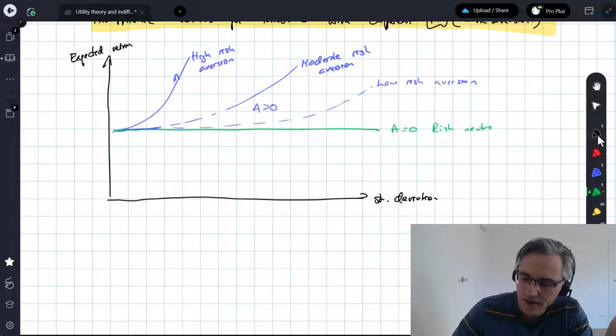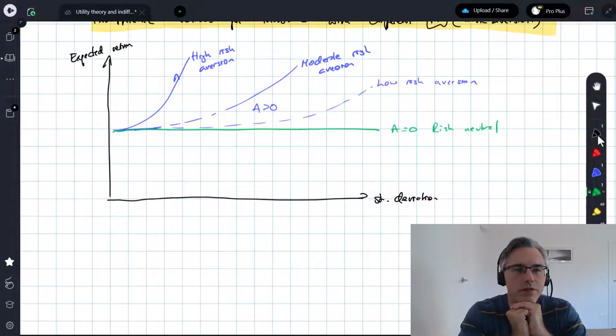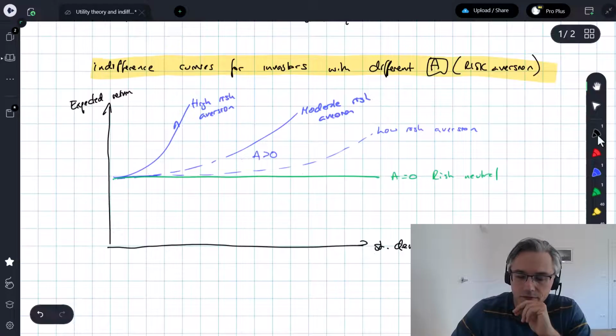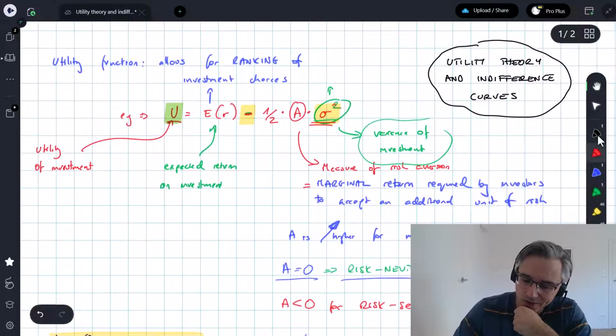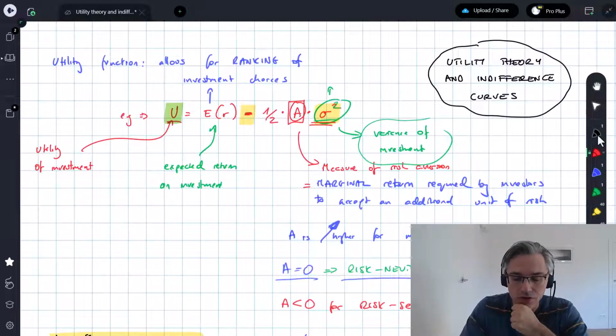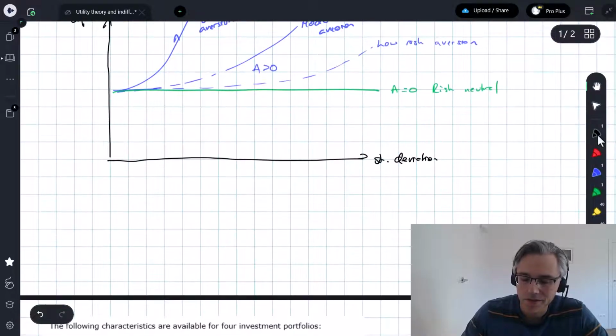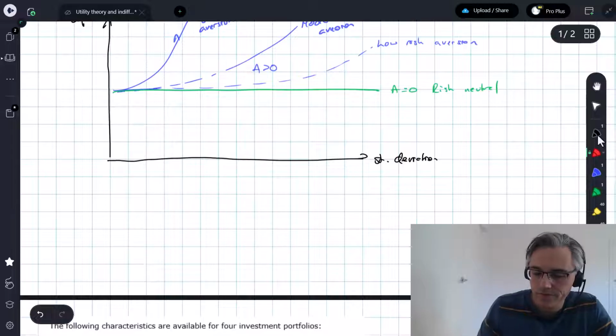They don't get any drop in utility from the fact that they have to bear additional risk, nor do they feel a kick out of risk. They're completely cold when it comes to risk. Obviously, if you make the A parameter in this equation zero, the whole term to the right of the minus sign becomes zero as well, leaving us just with expected return.